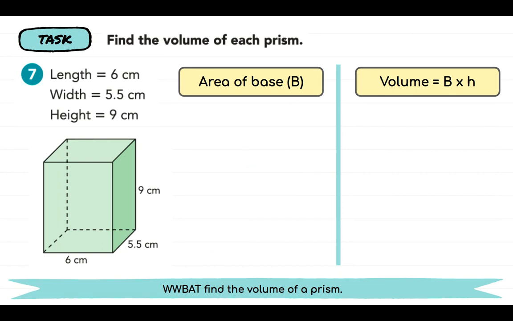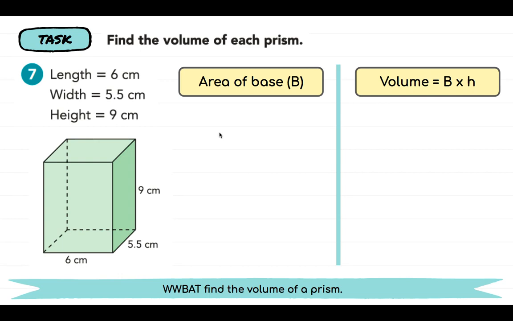So let's look at number 7. The volume of this prism. To find the volume of this prism, first you have to find the area of the base and then find the volume by multiplying the area of the base represented by uppercase B times height.